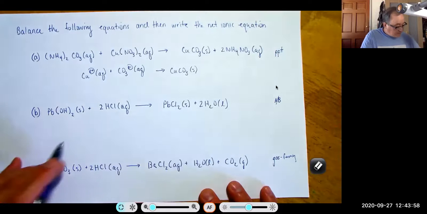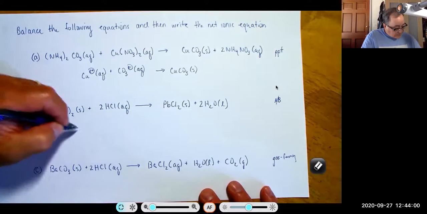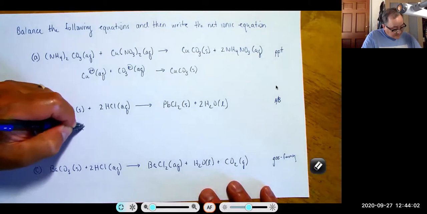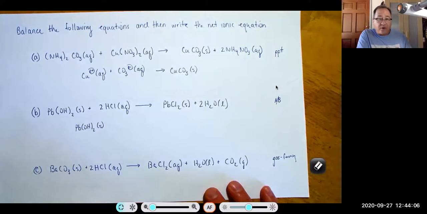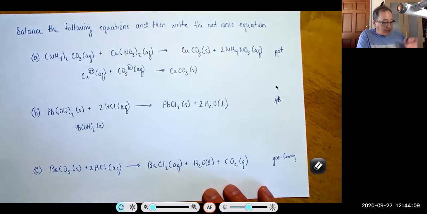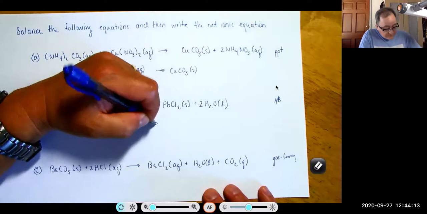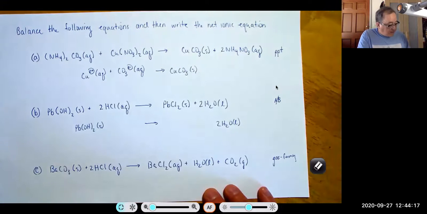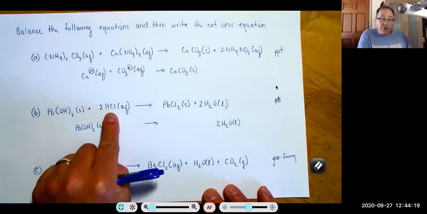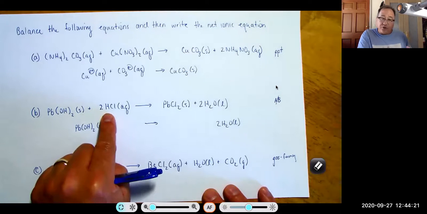Well, this one, you have to include the lead hydroxide, because in the net, you always include all solids and all liquids. So that means we're also going to have to include the 2H2O liquid. Now over here, are those two chlorines with that hydrogen, or are they separated?